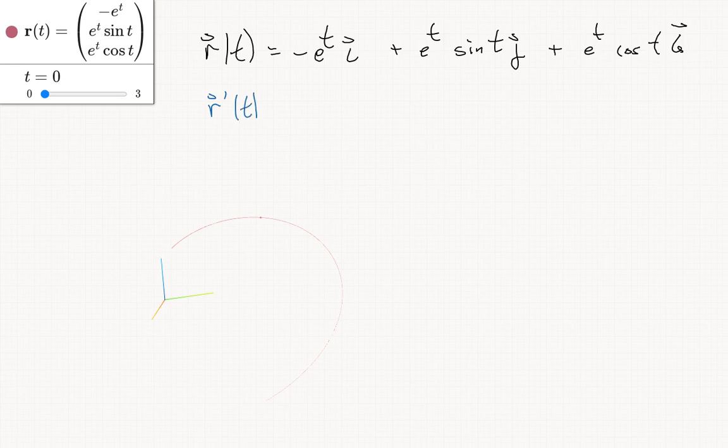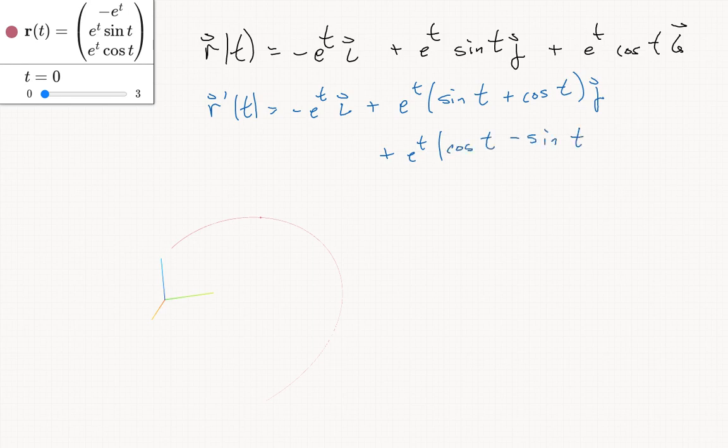This is r prime of t, negative e to the t i plus e to the t, sine t plus cos t, j plus e to the t, cos t minus sine t, k. So here are those tangent vectors, and I've also drawn the unit tangent vector in blue.